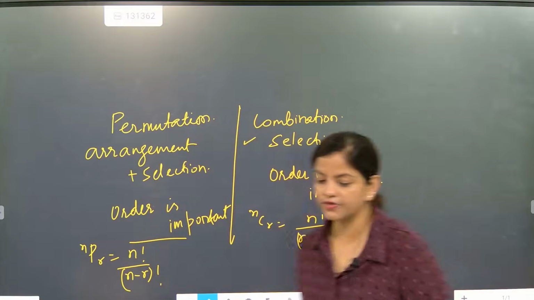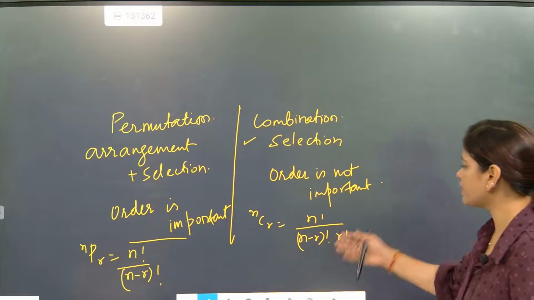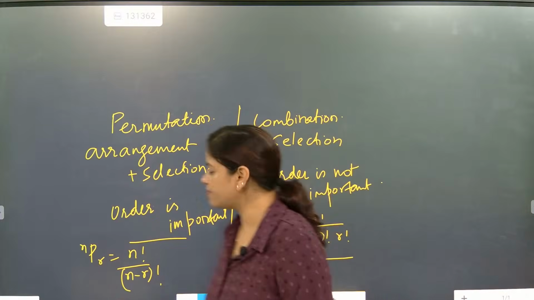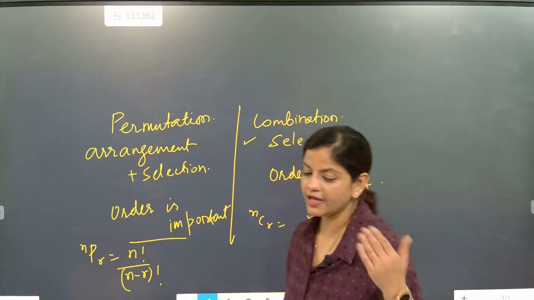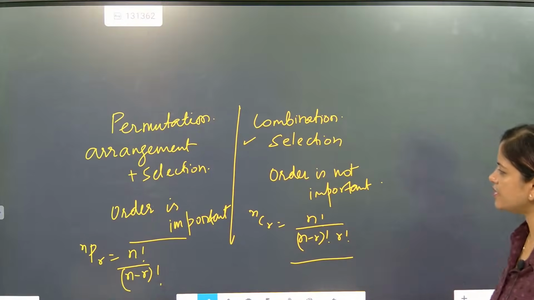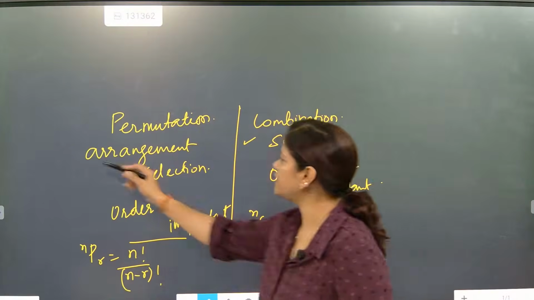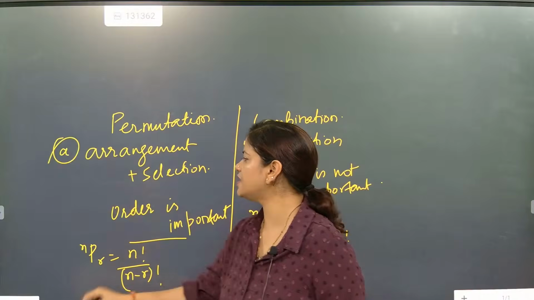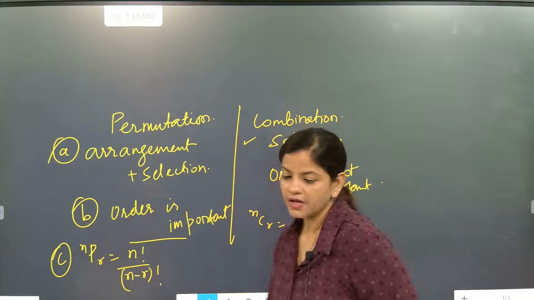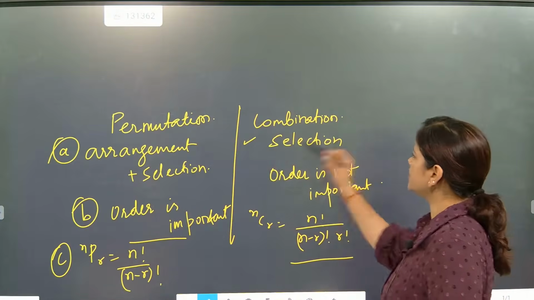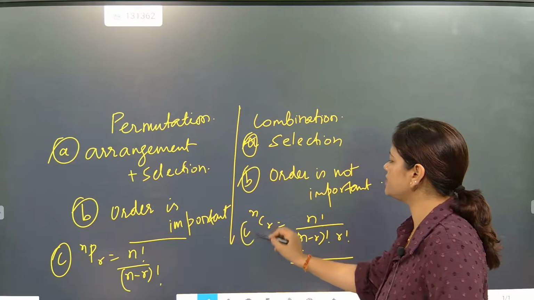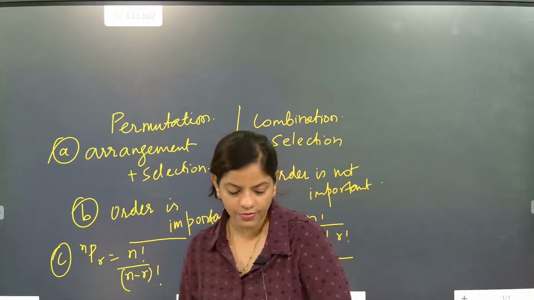NCR is n factorial by n minus r factorial into r factorial, and NPR is n factorial by n minus r factorial. First point is permutation is arrangement and selection. Second, order is important. Third is the formula. Here also same thing. Here selection only is important. Order is not important. Third is the formula.